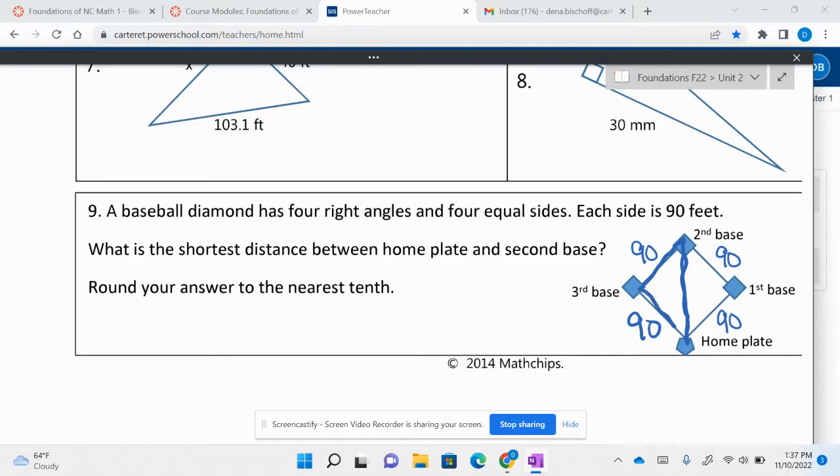So we're really just looking at this triangle right here. What kind of a triangle is that? It's a right triangle. Here's the right angle right here. It's going to be 90 squared plus 90 squared equals c squared. That's exactly right.